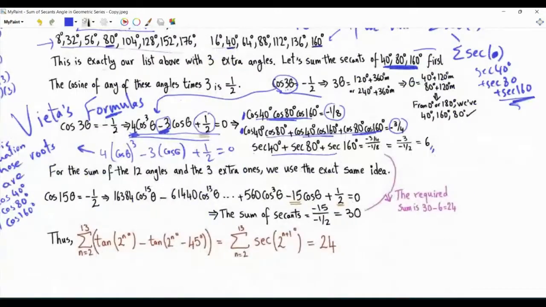Now, as we can express cosine 3 theta in terms of the cube of cosine theta and cosine theta, this can be done to any cosine n theta. So cosine 15 theta can be represented as a number times cosine theta to the power 15 plus a number times cosine theta to the power 13, and so on.